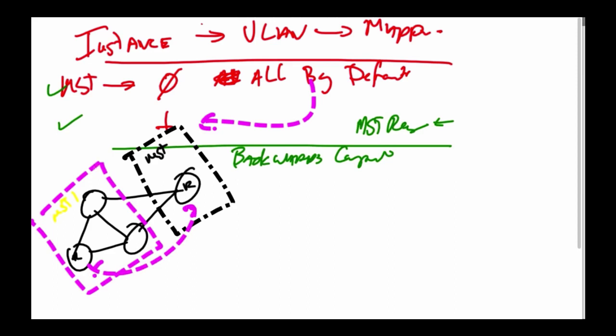But what ends up happening here is if I have another device that's connected, and this device is not running MST at all. This device is running Rapid PVST, or it's running regular PVST+. Well, what's going to end up happening is the exact same process.